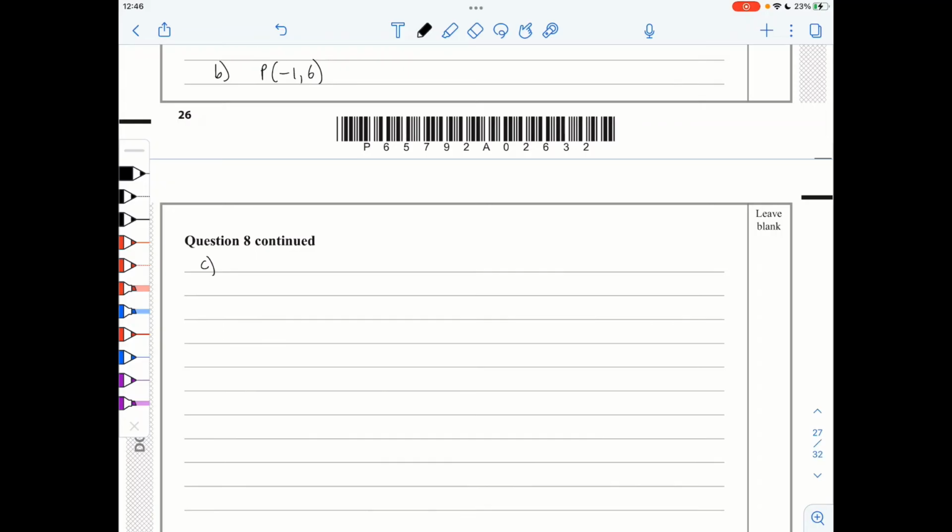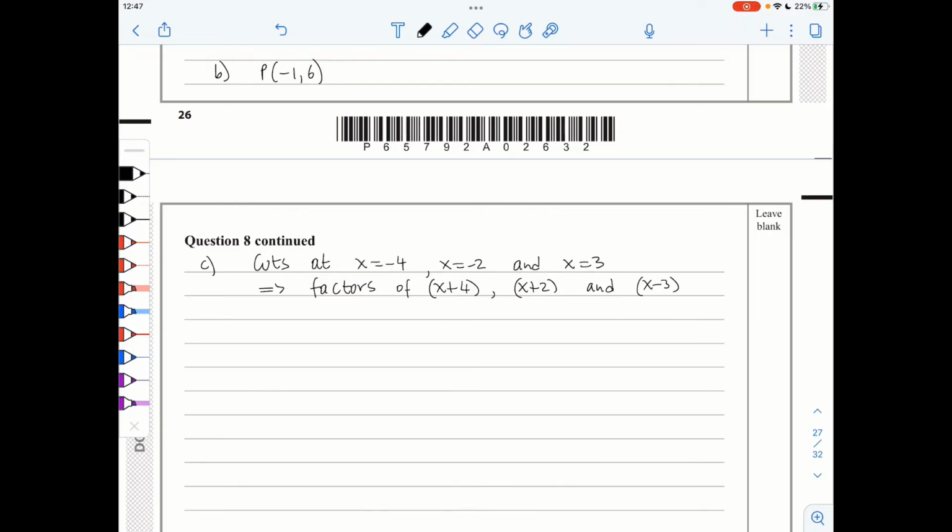identifying that for me to have cuts at x is -4, x is -2, and x is 3, it means we have factors of x plus 4, x plus 2, and x minus 3. Now, these are 3 factors.